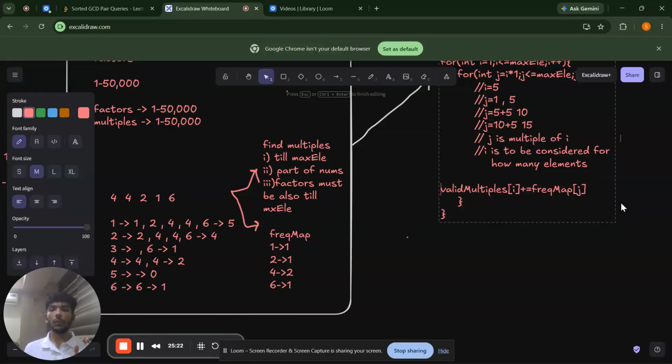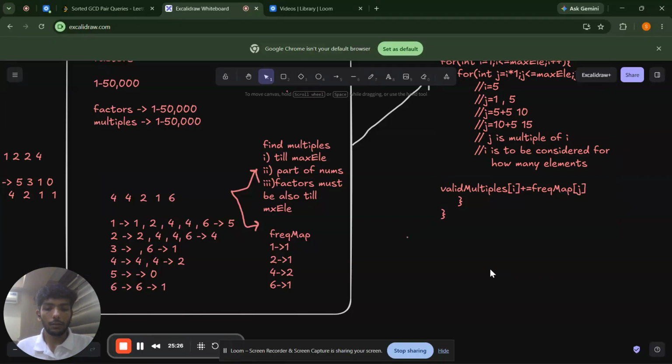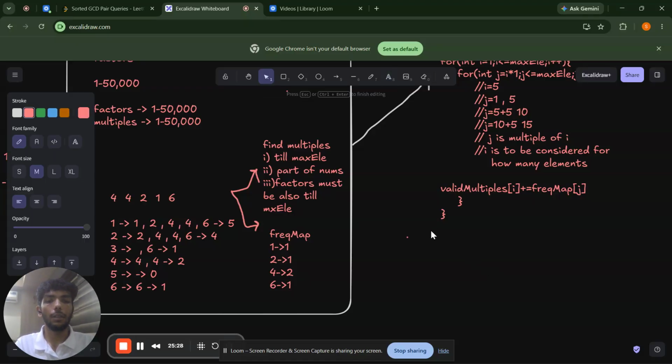Now we have found out what we have found out. Let's make a quick checklist. This vector has these multiples.